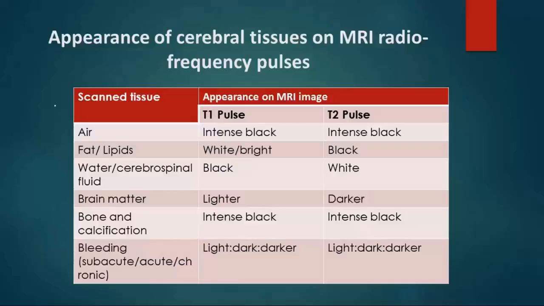Air appears dense black on both T1 and T2. However, fats and lipids appear white or bright on the T1 pulse, but appear dark or black on the T2 pulse. So these are how various tissues in the human brain appear on the MRI images.